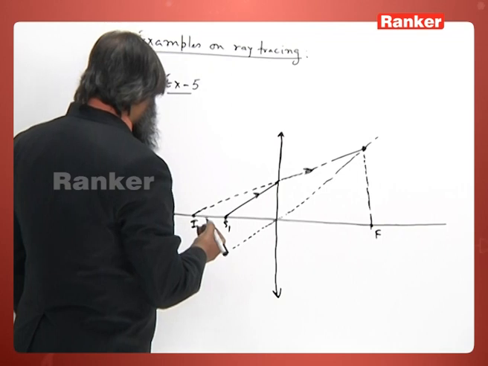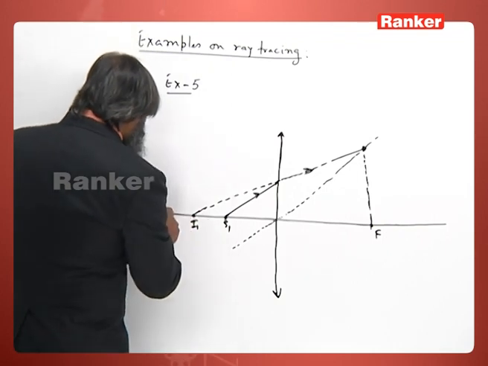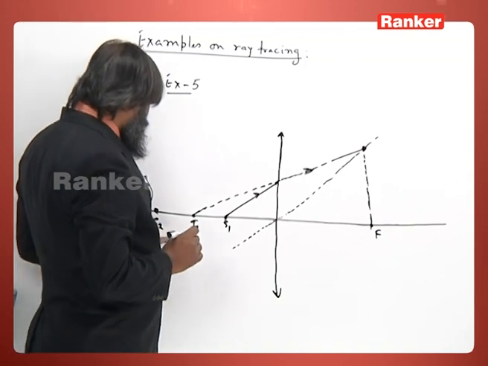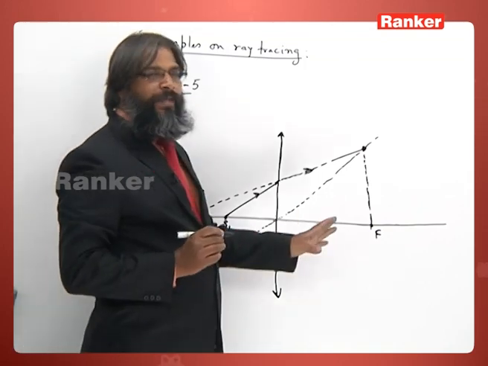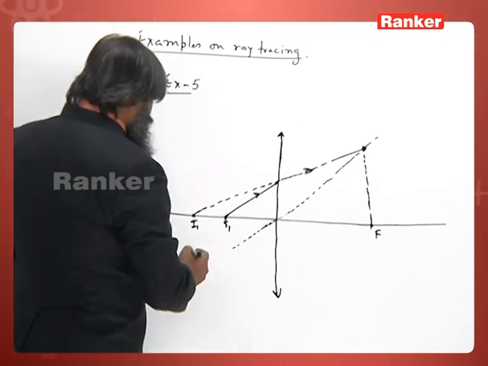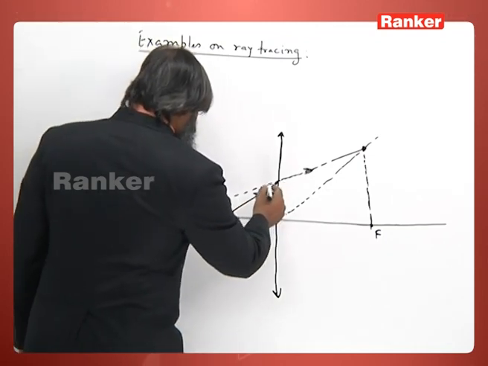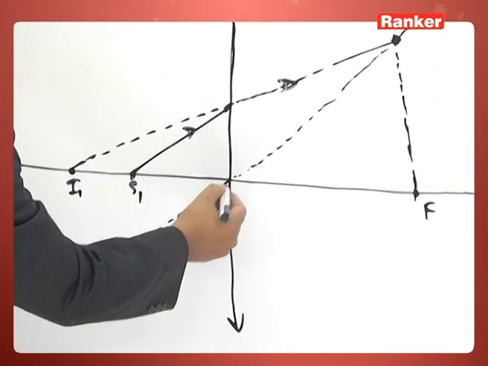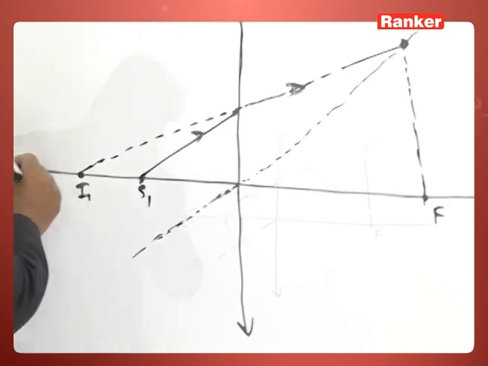Now what I have to calculate? Now suppose the source is S2. There is a point object at S2 where its image will be formed. So again what we will do? We will join these 2 points, or we will draw a line parallel to this. Let us draw a line parallel to this from S2.